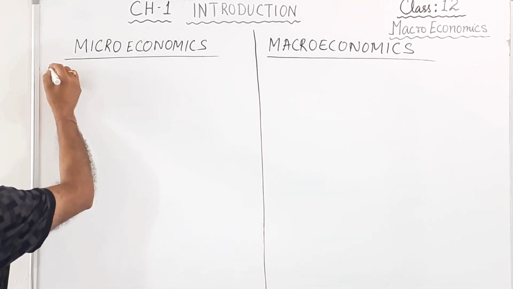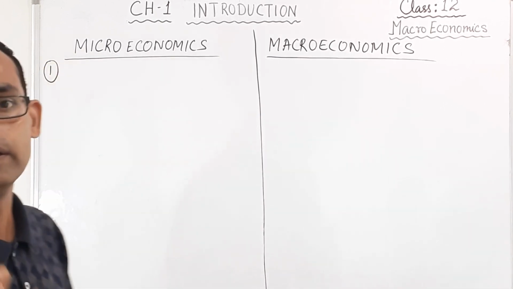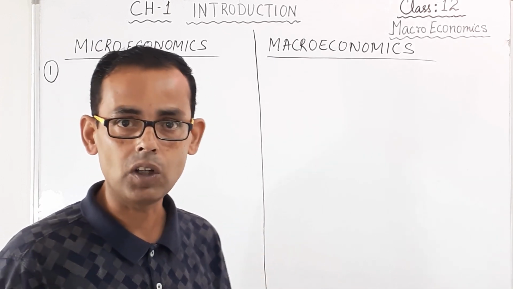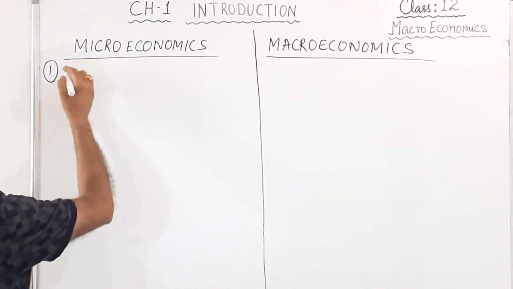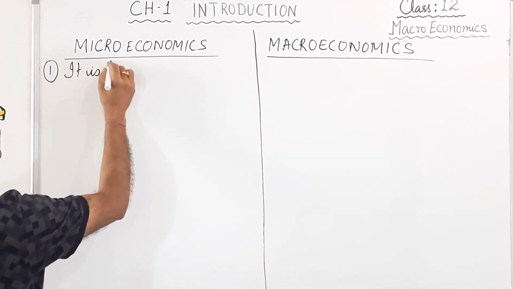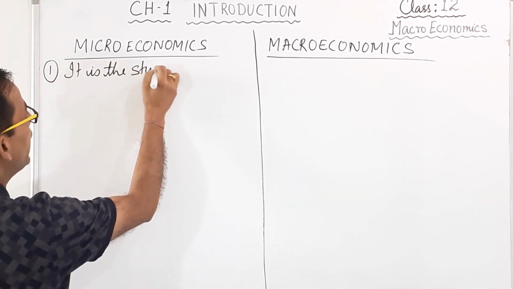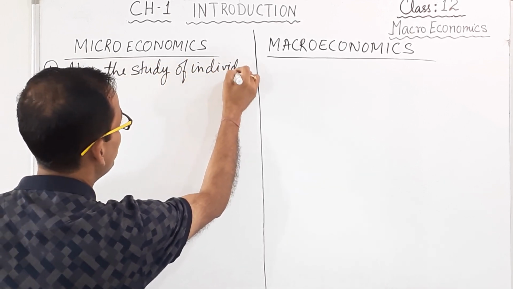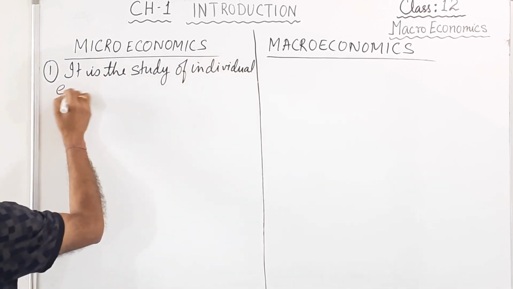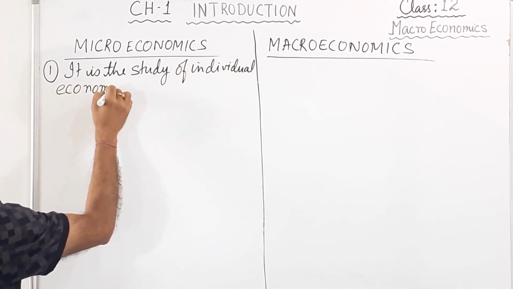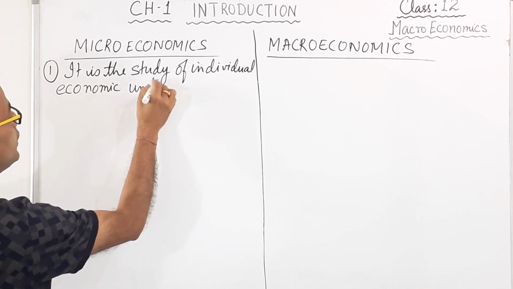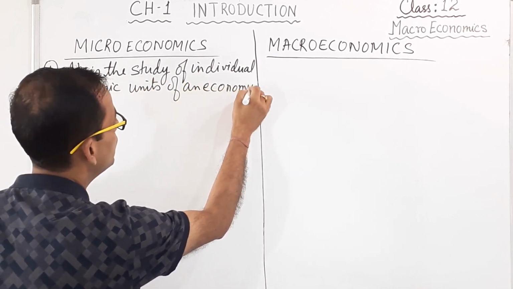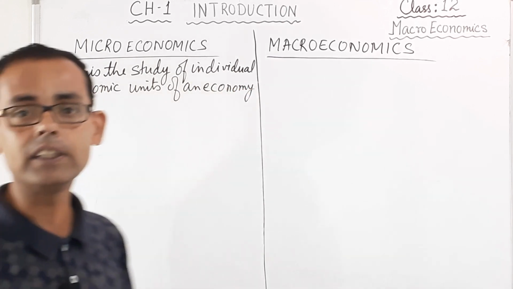First, for microeconomics, number one: it is the study of individual economic units of an economy. According to the definition only it is told.